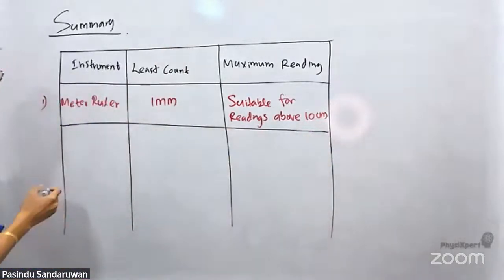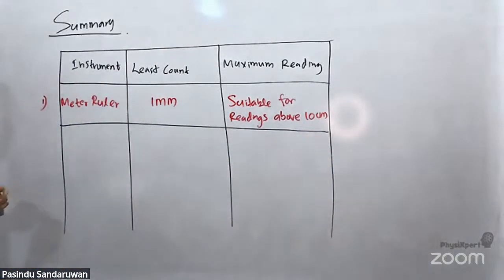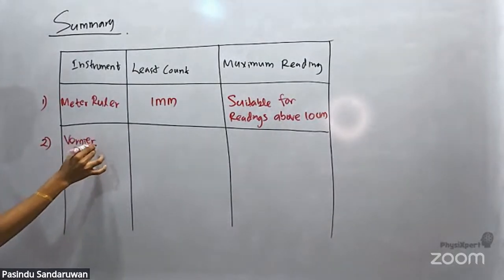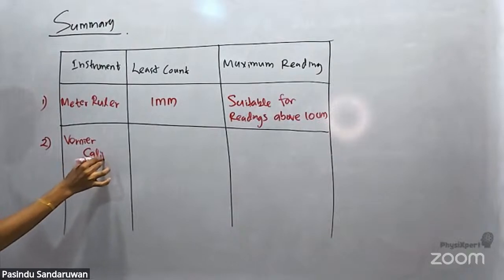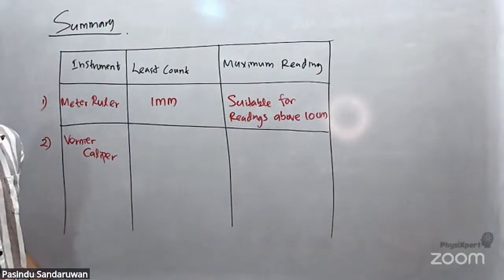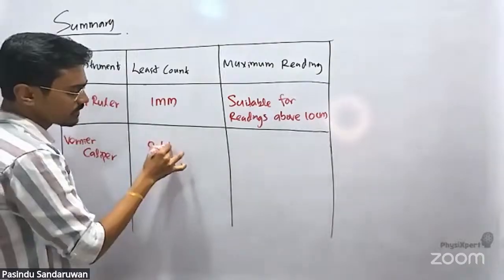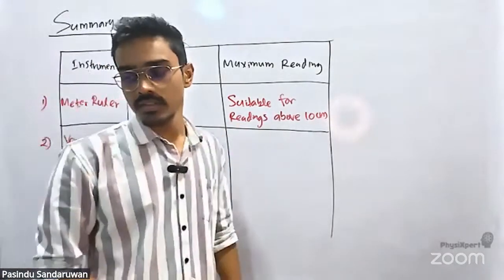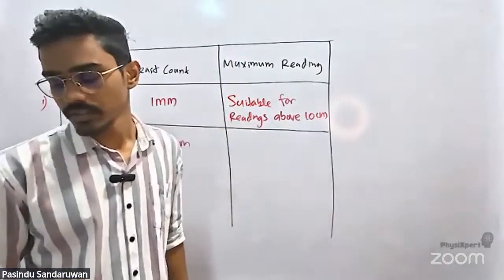Second one, vernier caliper. What's the least count of vernier caliper? 0.1 millimeters. Maximum reading of vernier caliper. We discussed, I showed you.